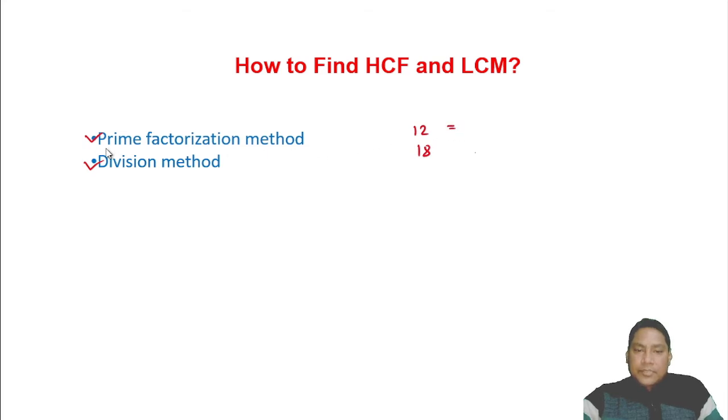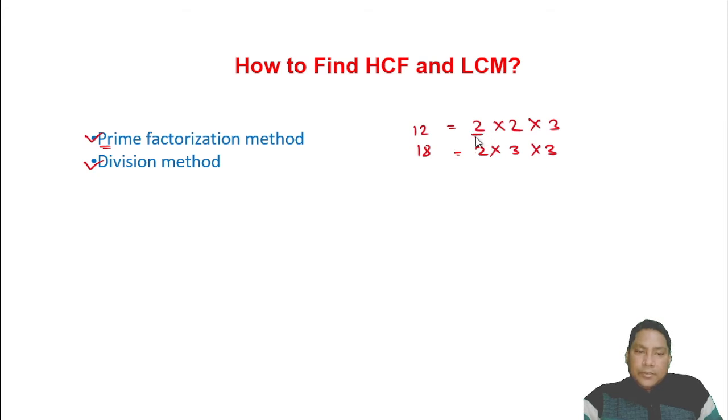Which are the prime factors of 12? The prime factors of 12 are 2 into 2 into 3. If we multiply 2, 2 and 3, it will become 12. And likewise, for 18, it is 2 multiplied by 3 multiplied by 3. Which are the common factors between 12 and 18?